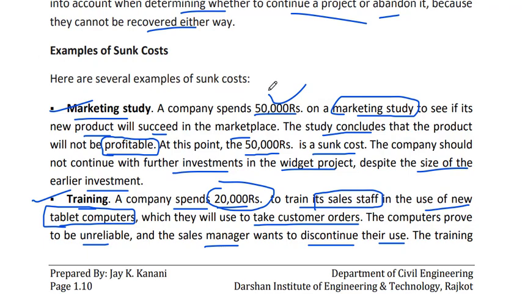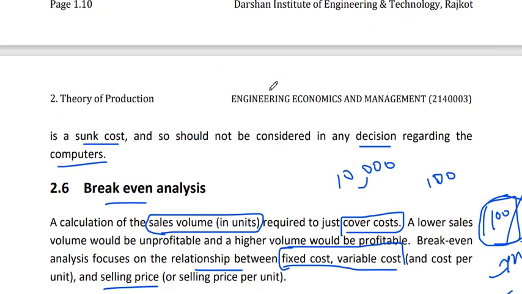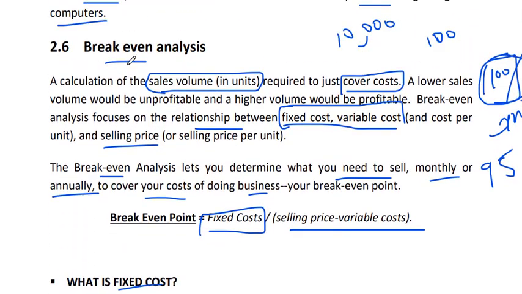Marketing study also. And then break-even analysis lets you determine what you need to sell monthly or annually, and at what price, you can cover your cost or make a profit.